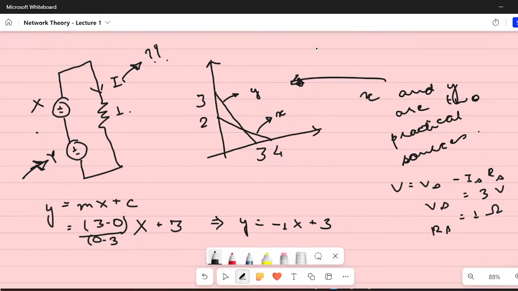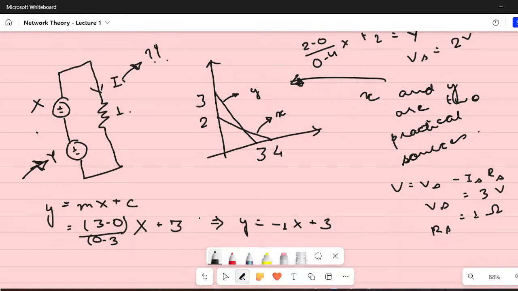Now, similarly for the other practical source, x, what would you get? 2 minus 0 upon 0 minus 4, times x, plus 2 equals y. That would make Vs equal to 2 volts, right?